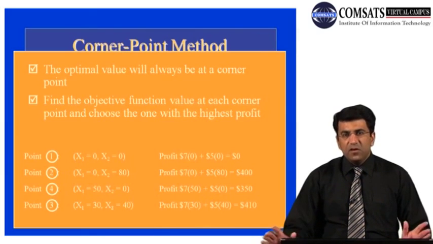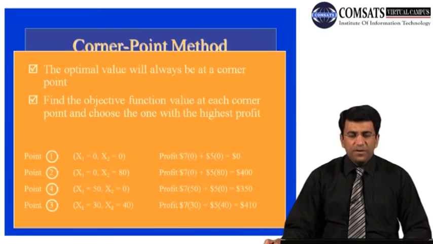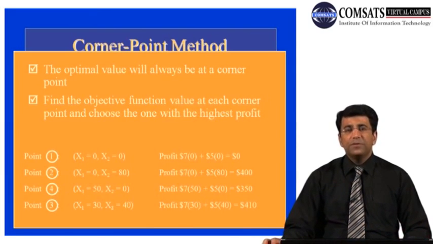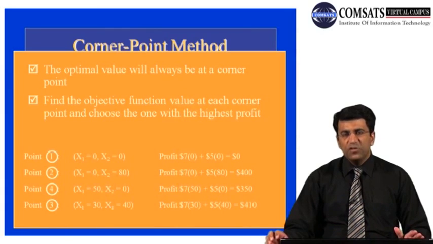So this is all about the linear programming method. And let me repeat what the different steps are. We define the objective function, we define the constraints, we convert those into equations or inequalities. We draw those inequalities on the graph.